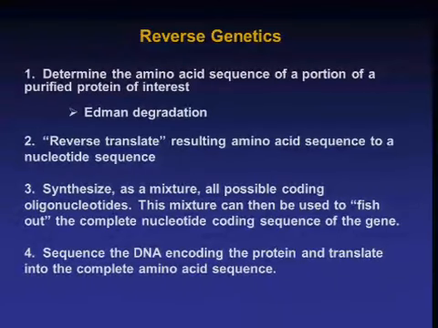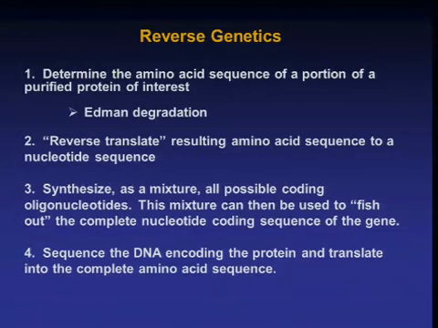So we left off different ways to purify proteins. So we're going to go through the Edman degradation. After you get some of that sequence, you reverse translate. And some of this is going to require giving you a little bit of advanced or early view of translation, which you're going to get later in the course. But with the amino acid sequence, we can get some information about what the DNA should look like.